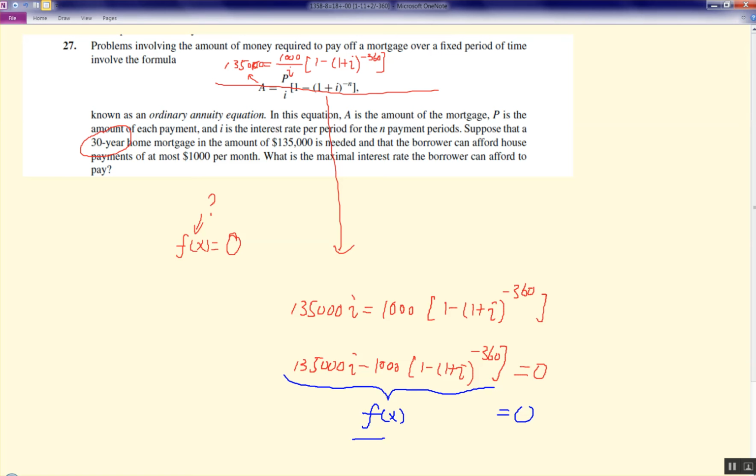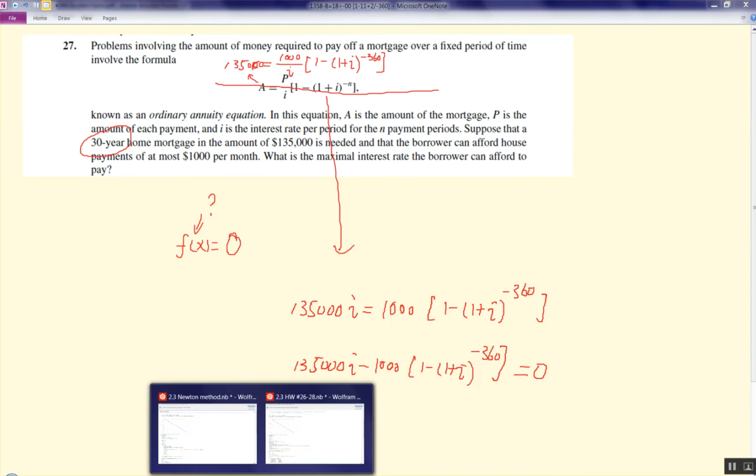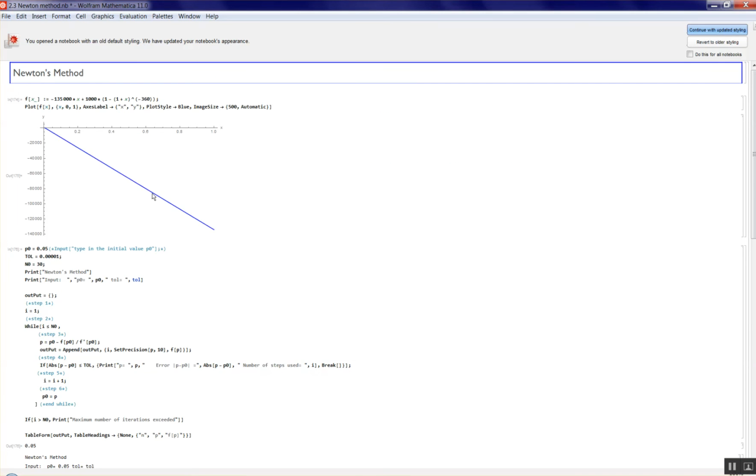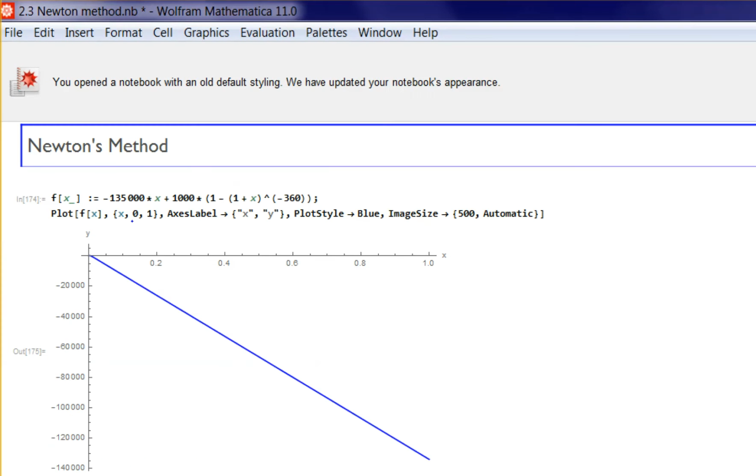And then to solve for x, I would like to use Newton's method, because this whole section is Newton's method. And what is f of x? This is the f of x. So with that, I'm going to type in my equation. I use my Newton's method.